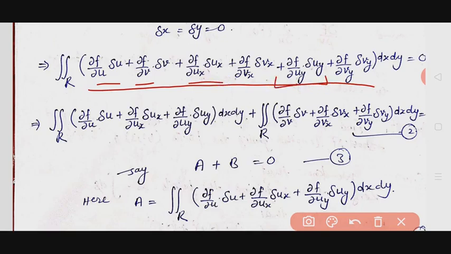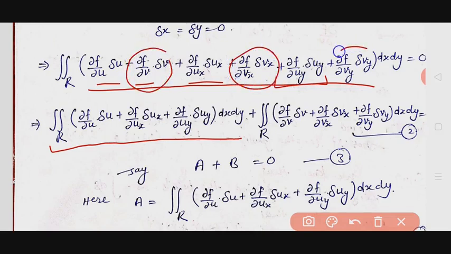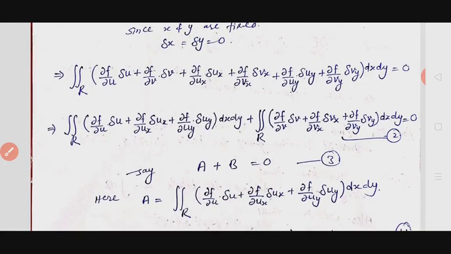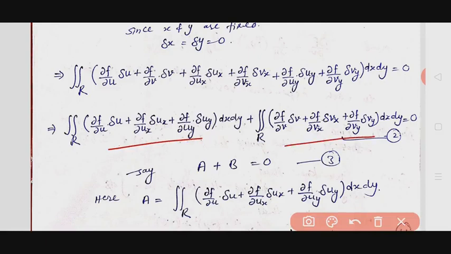These three terms we collect together in a separate integral. So that will be this one, the double integral over the region R, plus the remaining terms, this one and this one, I consider in a different integral, that is the integral over the region R of this one, dx dy is equal to 0. I call this integral A and this one B.